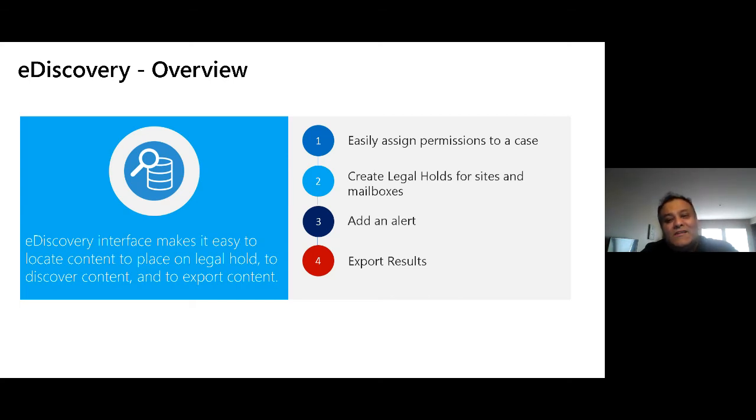But it's very simple to assign permissions to a case, apply a legal hold, and then take actions that are required to avoid litigation and all these things. The tool has the capability to perform all these actions.